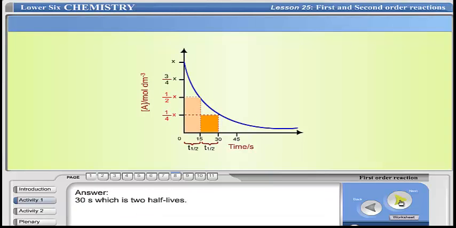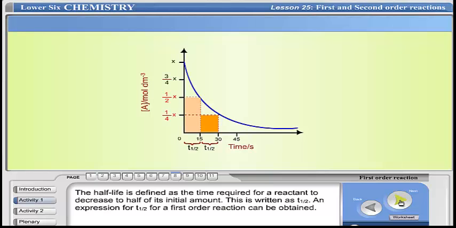Answer: 30 seconds, which is 2 half-lives. The half-life is defined as the time required for a reactant to decrease to half of its initial amount. This is written as t half. An expression for t half for a first-order reaction can be obtained.